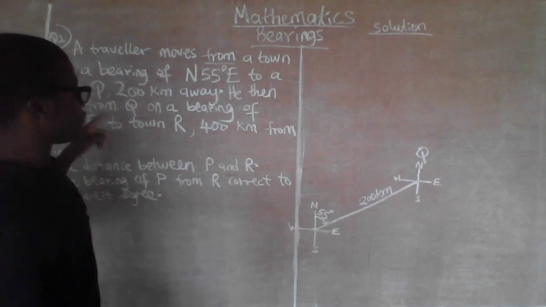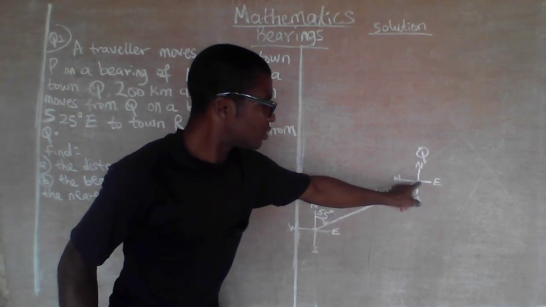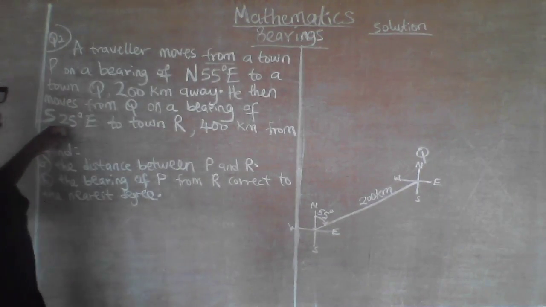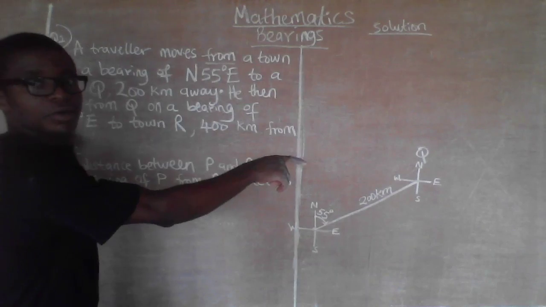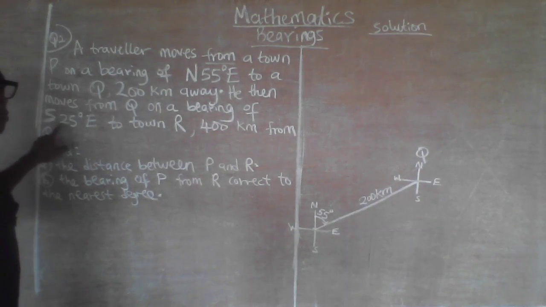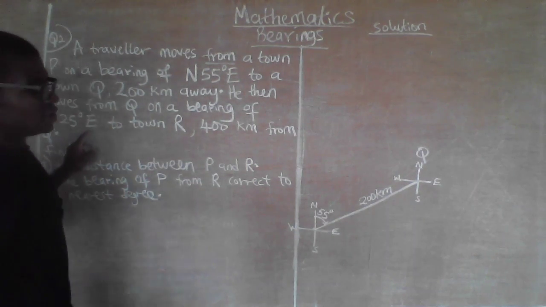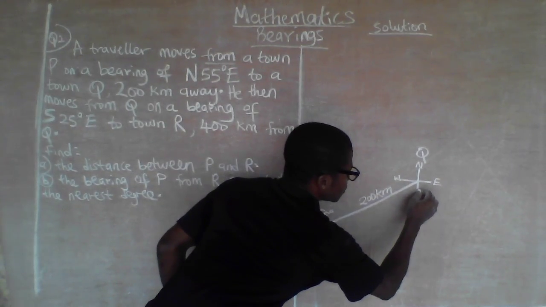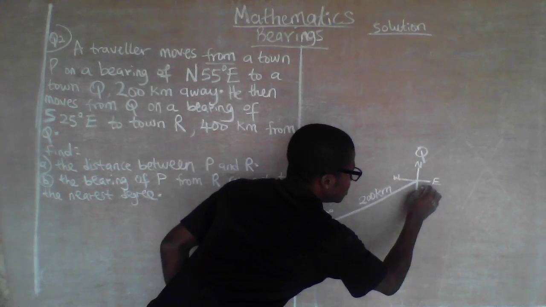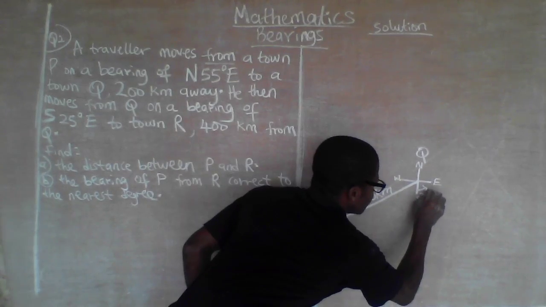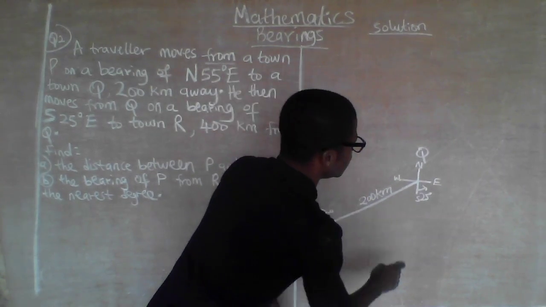So he starts the second journey from town Q, and this bearing should be specified at town Q. From the reference point, which is the cardinal point south, measure 25 degrees to the east direction. So this is 25 degrees.